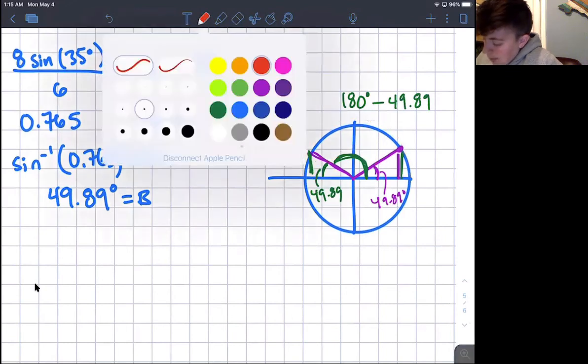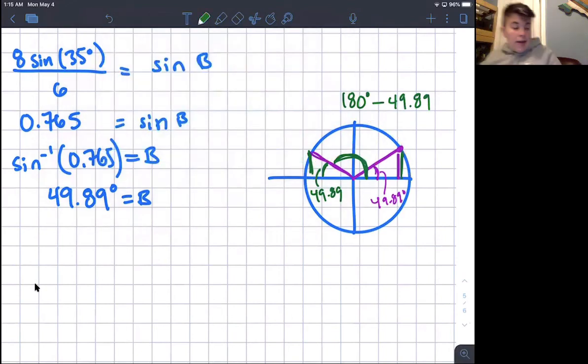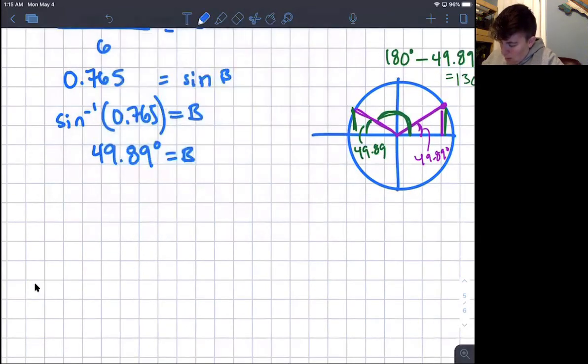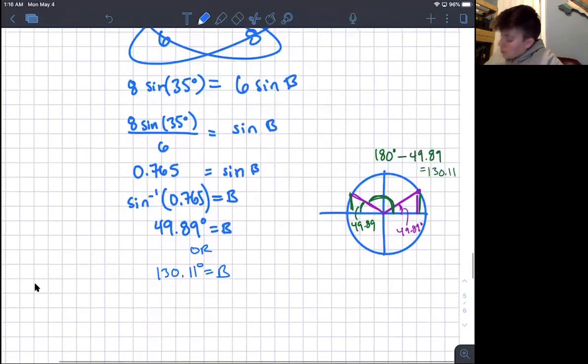So 180 minus 49.89, let's use my trusty calculator, is equal to 130.11. So I'm going to say, or 130.11 degrees.